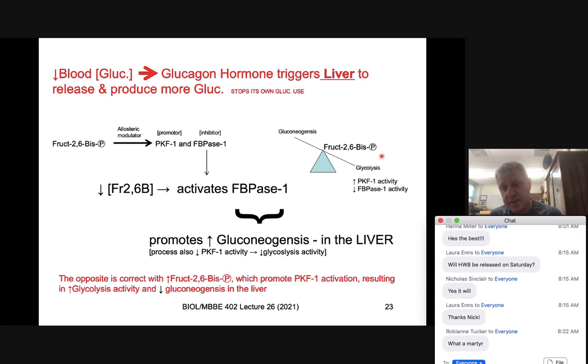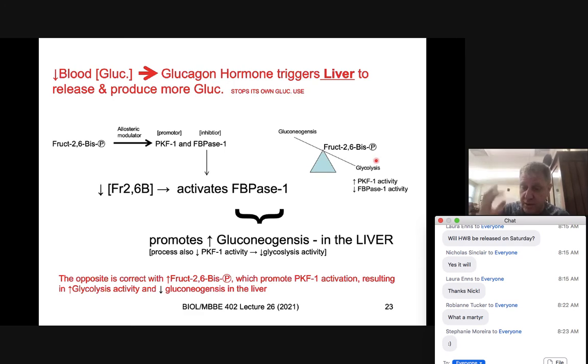In glycolysis, we're going to see an increase of glucose coming through the glycolytic pathway. We're going to see an activation of the phosphofructokinase number 1 at the expense of the fructose bisphosphatase. And again, once we shift this over, we're going to see a decreased concentration activating and reversing this particular process to promote, importantly, gluconeogenesis.